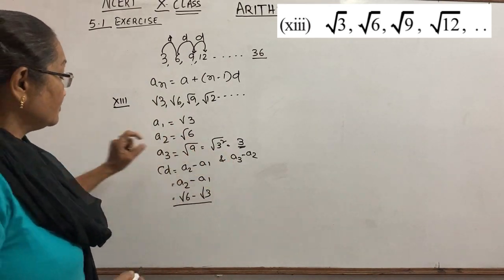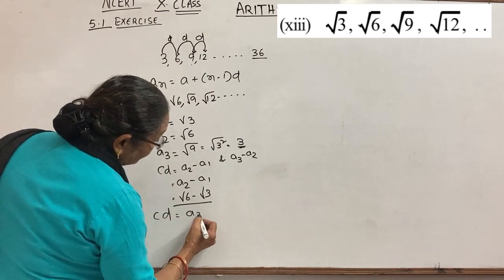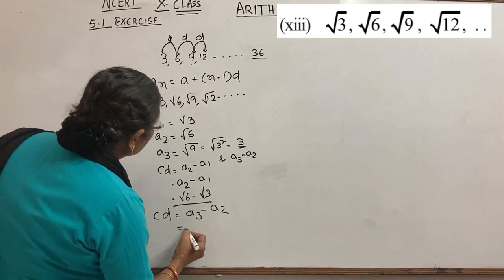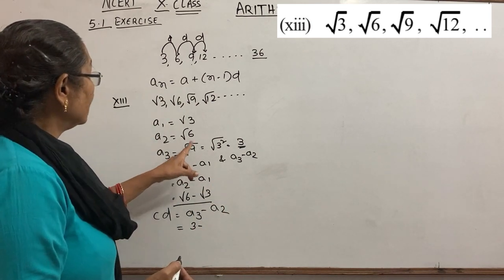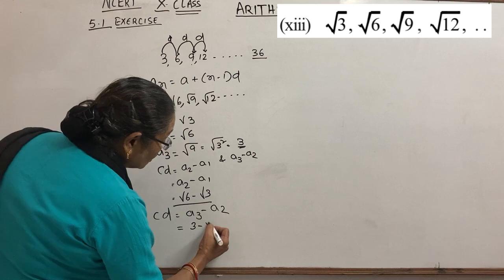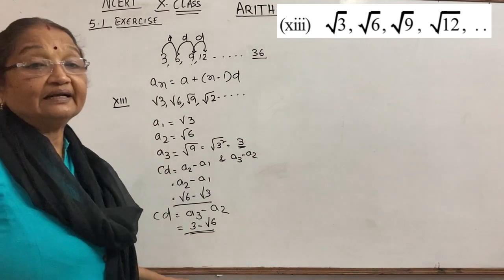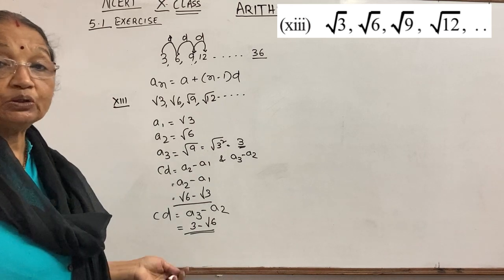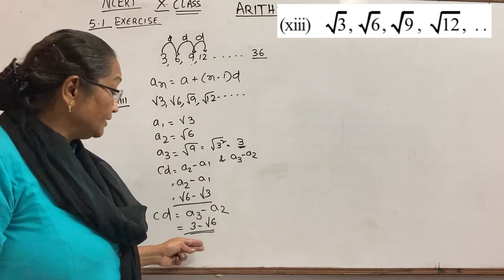Then next one is what? Common difference is what? A3 minus A2. A3 is what? 3 minus, what is that? A2 is root 6. Again this is also same, this is a rational number and this is irrational. The difference between the two, that will be an irrational number only, you cannot solve it.